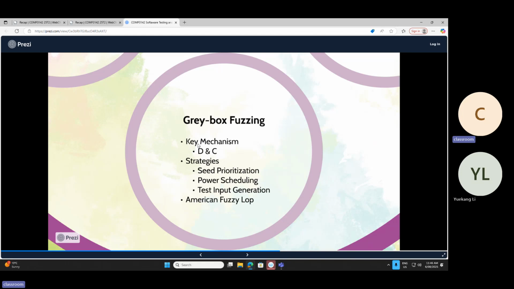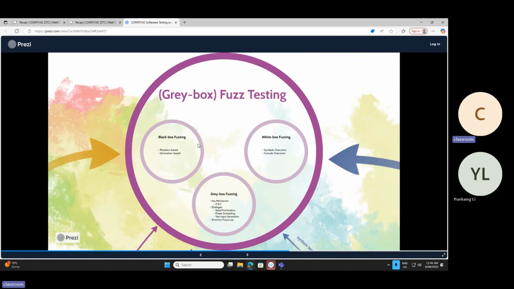And a very famous gray box fuzzer is called American Fuzzy Loop, and we learned some detailed mechanisms of it, and we are going to practice this with assignment 2, right? So that's all about gray box testing, and that's the first half of this term, and also the first half of today's lecture. Let's have a 5 minute break.